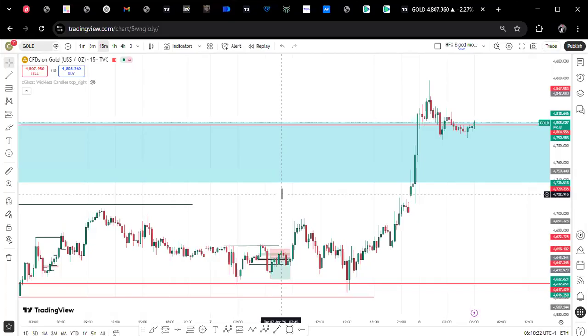In essence, TradingView is for your analysis, MT5 for your execution, right? TradingView is for better chart tools, MT5 is to place your trades.